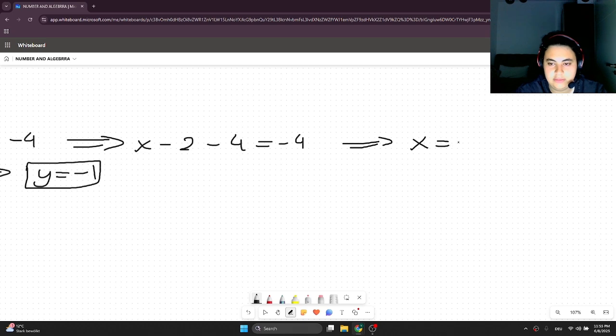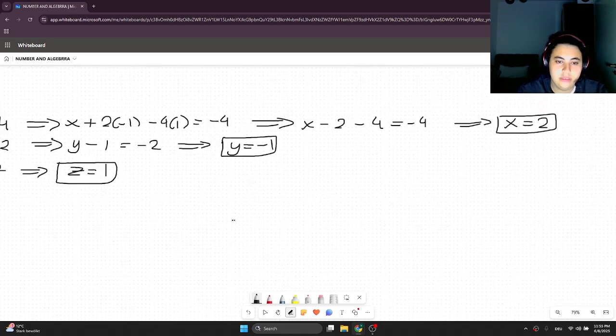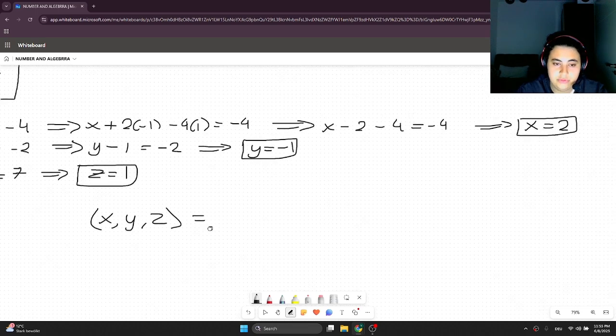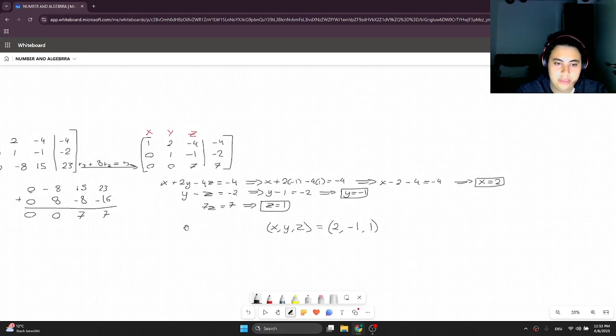So x is equal to 2. Okay, so let me just double check that just to make sure. Yes, okay, cool. So therefore, our x, y, and z are equal to 2, negative 1, and 1. And therefore, we are done.